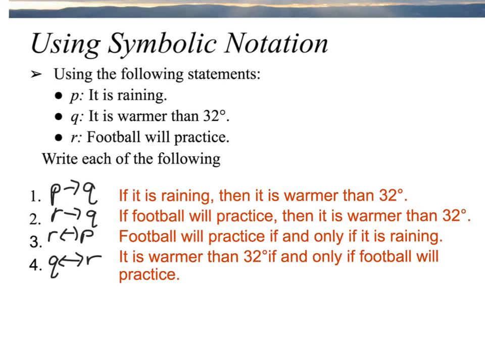R if and only if P. Again, we read our R statement, football will practice, if and only if it is raining. So maybe these aren't true statements. That doesn't make a lot of sense, but that's how we would write this. And then lastly, Q if and only if R: it is warmer than 32 degrees, if and only if football will practice. Again, we're just practicing writing those statements.